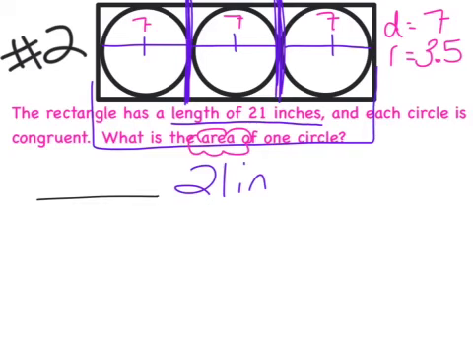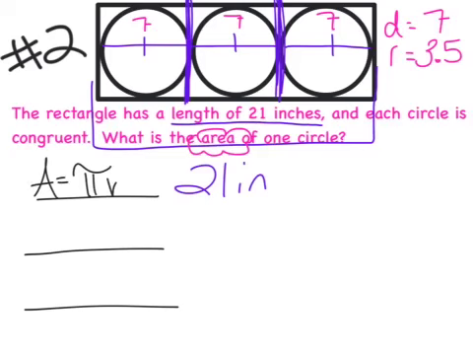If I go ahead and set up my 3-step method, I'm going to start off with my area equals pi r squared. And if you look at your answer choices on here, they're all in terms of pi. So this actually makes my life a little bit easier. So instead of putting 3.14, I just get to leave my pi sign.